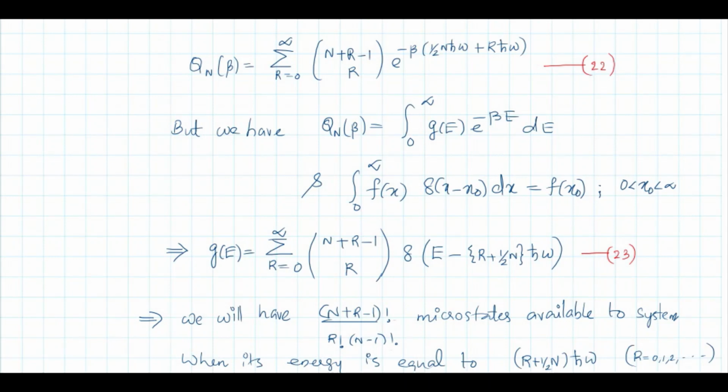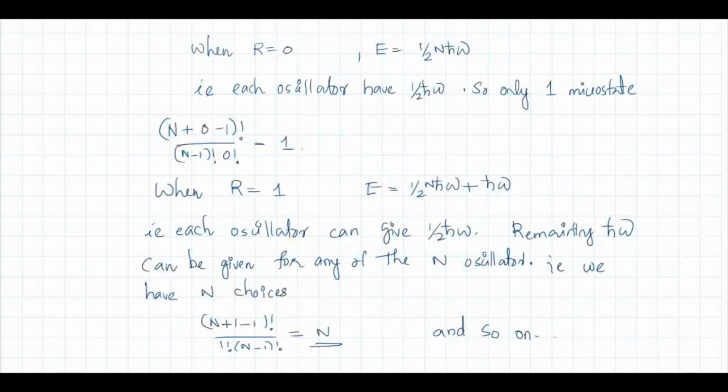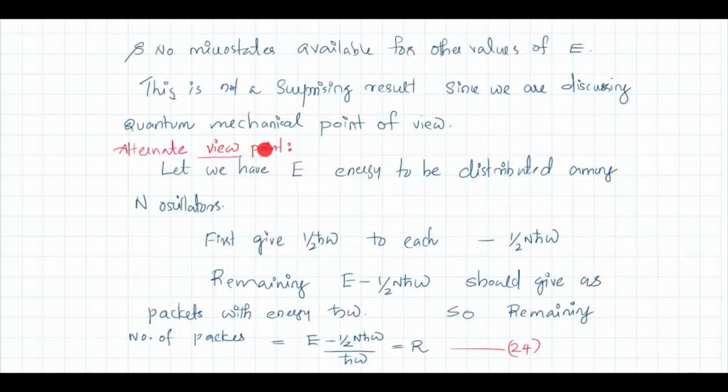Okay, so that's it. Now we will look into this problem in an alternate view. Suppose we have an energy E to be distributed among n oscillators. First we will give half h cut omega to each of the oscillators. Then it will be half n h cut omega.